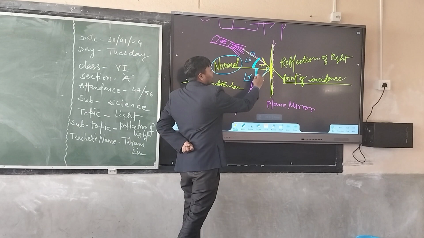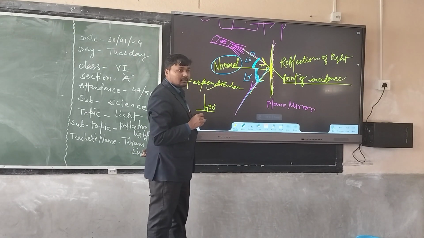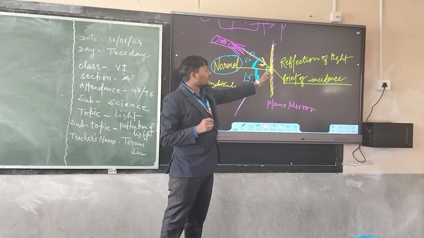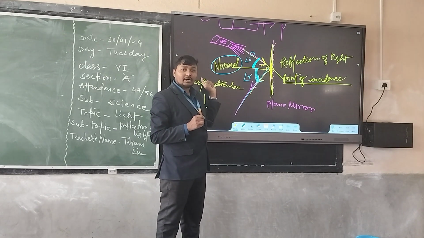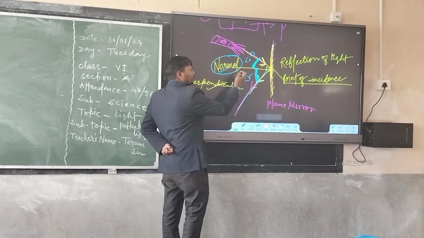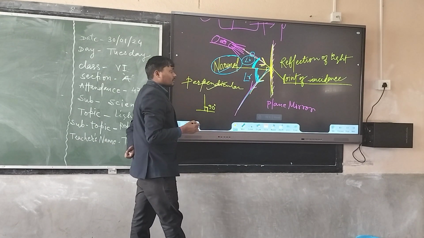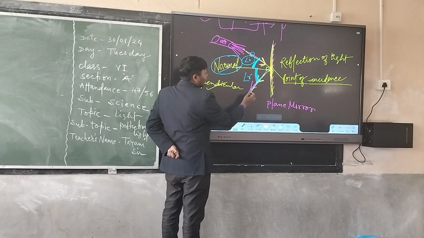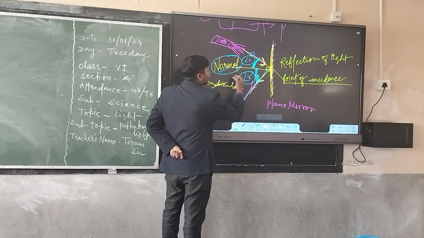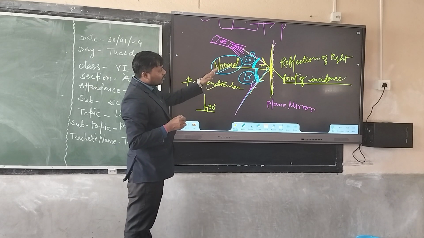This light ray coming away from the mirror is called the reflected ray. At the point of incidence we draw a perpendicular, called the normal. The angle between the normal and the incident ray is the angle of incidence, and the angle between the normal and the reflected ray is the angle of reflection. So these are a few terms related to reflection of light.